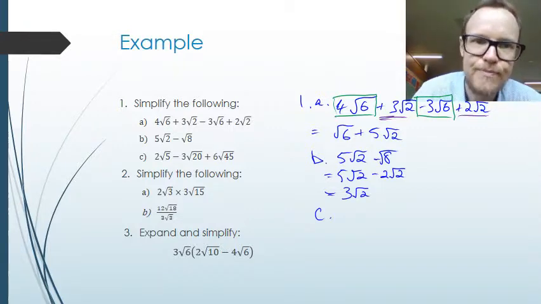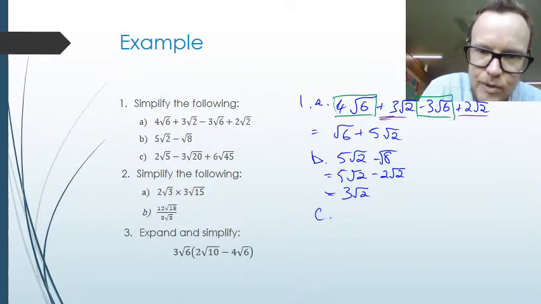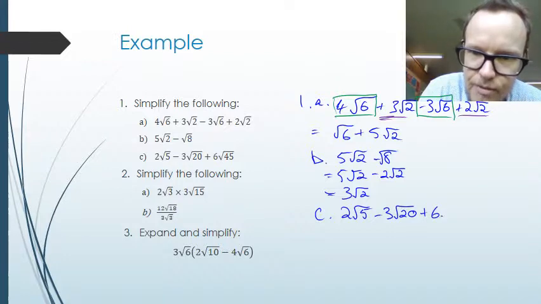Then for C, we've got here 2 root 5 minus 3 root 20 plus 6 root 45. We need to make sure we simplify. So 2 root 5 is not going to be able to be simplified.